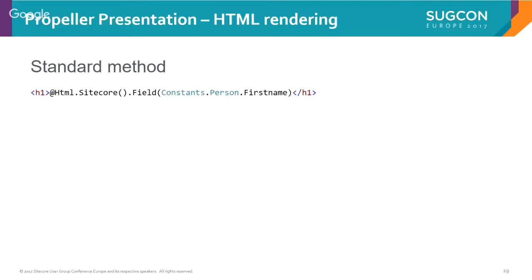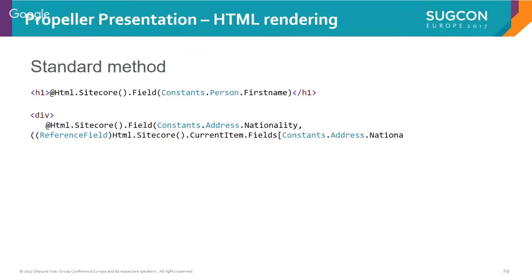If we quickly look how we would render out normally without this, we use the Sitecore helper function, where we can use our static file to point out which field we want to render. It gets a little more complicated or cumbersome if we want to access reference items.